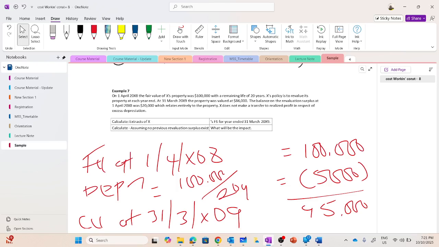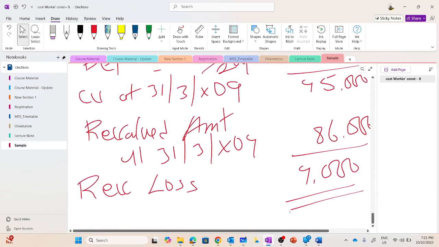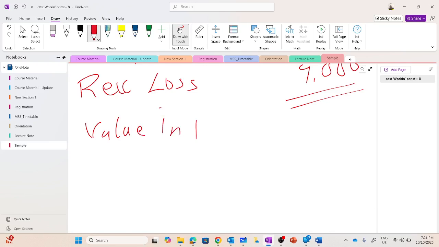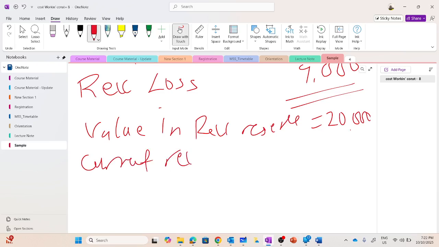So now let's understand how we are going to solve this particular question. The value in the revaluation reserve equals 20,000, and the current revaluation loss is 9,000.